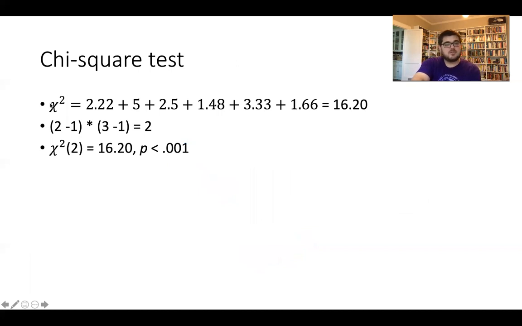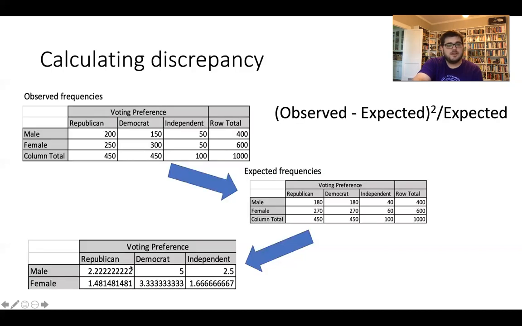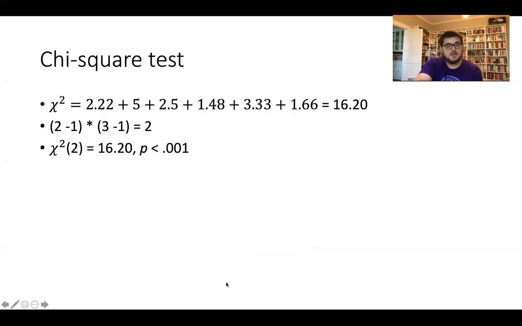The chi-square statistic, that's the lowercase Greek letter right here, chi, and it is squared. The chi-square statistic is just the sum of all these discrepancies. So you see 2.22 plus 5 plus 2.5, plus so on and so forth, ending with 1.66 ad infinitum.